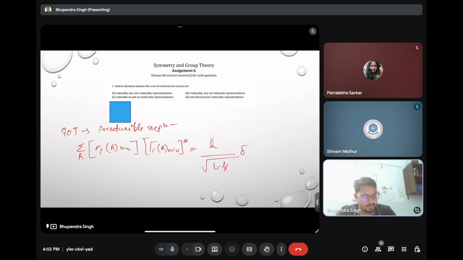So this is a Kronecker delta. The matrix elements behave like a set of orthonormal vectors for irreducible but not reducible representations. So this should be the answer, as we know from the great orthogonality theorem.